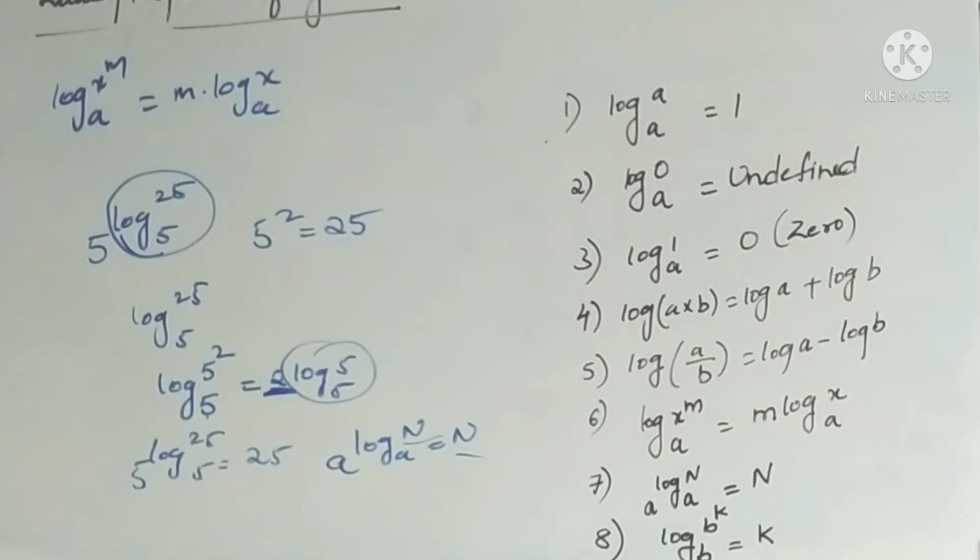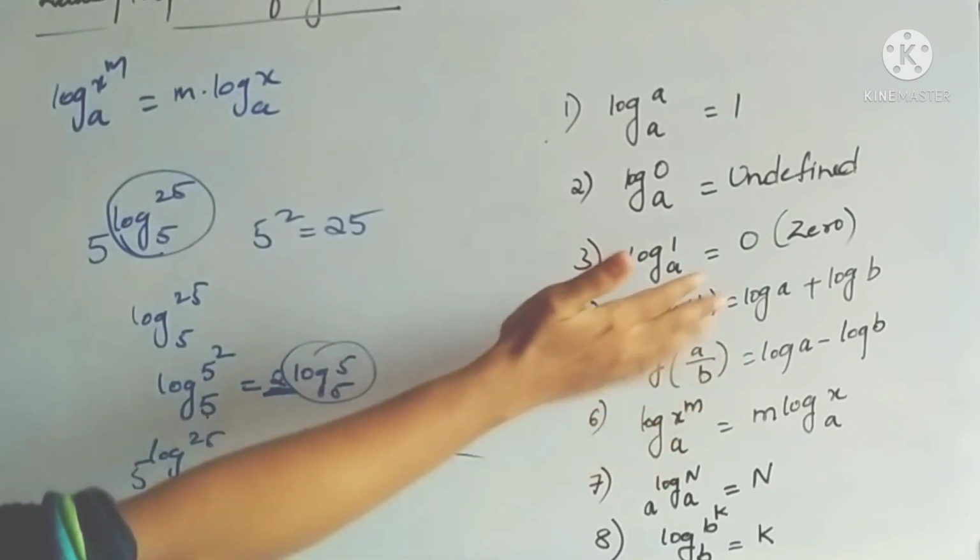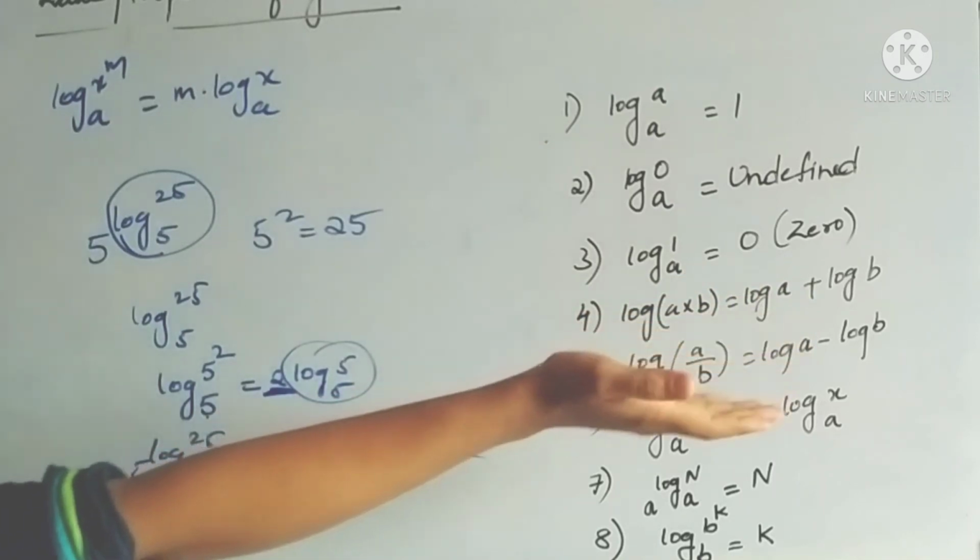So these 8 properties, or 8 laws, are very useful in solving problems. First is log a base a is equal to 1, log 0 is undefined, and log 1 value is 0.